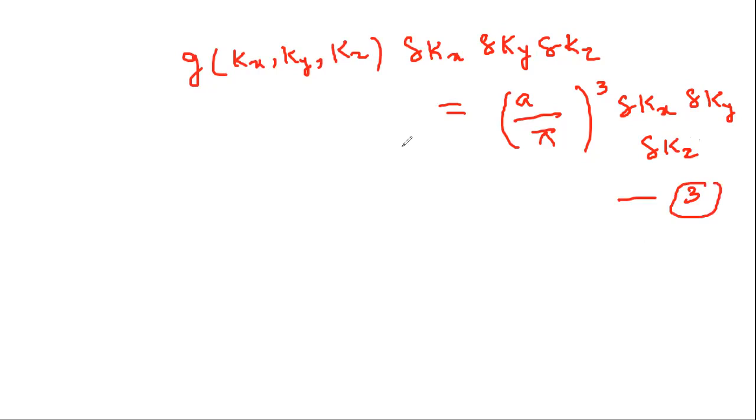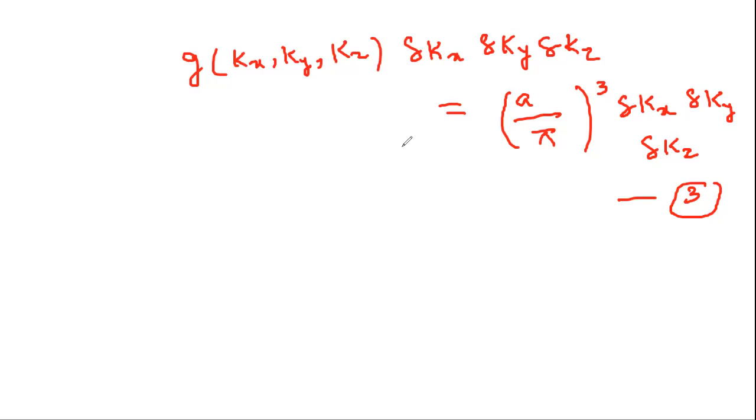I will refresh your memory. In the last lecture, as I told you, the left hand side in this equation 3 is representing the number of states in the group whose k vector lies with its x component between kx and kx plus delta kx, with y component between ky and ky plus delta ky, and z component between kz and kz plus delta kz.